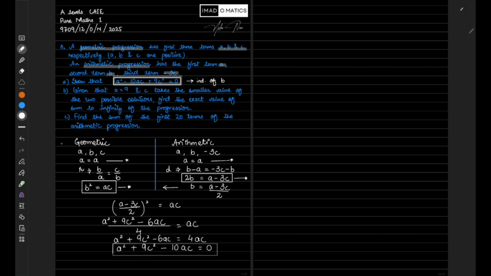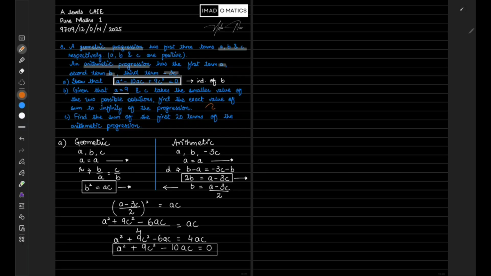Now in part B they say, given that A equals 9 and C takes the smaller value of the two possible outcomes, find the exact value of the sum to infinity of the progression. Okay. Sum to infinity exists for geometric.